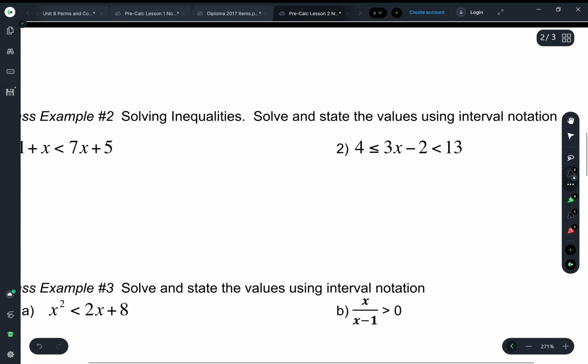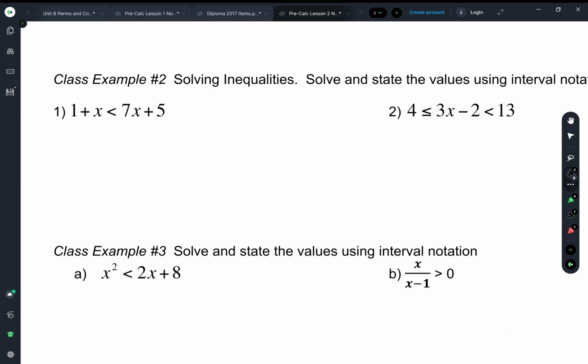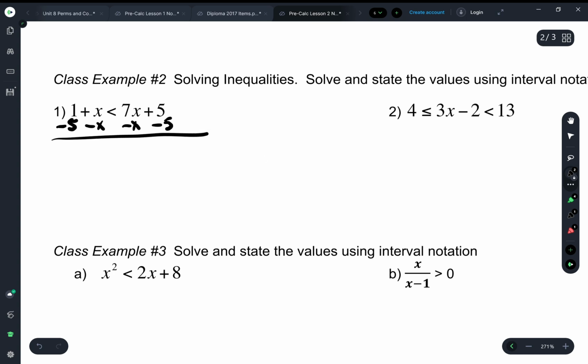So we've got some solving inequalities, so just see what you remember. Remember, you treat the inequality as an equal sign, and you just solve as you normally would. So for example, on this question here, I would get my x's together first. I'll go ahead and move the 5 while I'm at it. So that's gone, that's gone. You have negative 4 less than 6x.